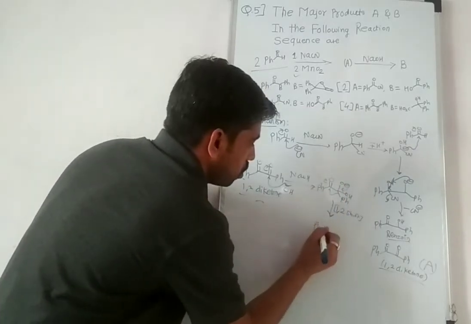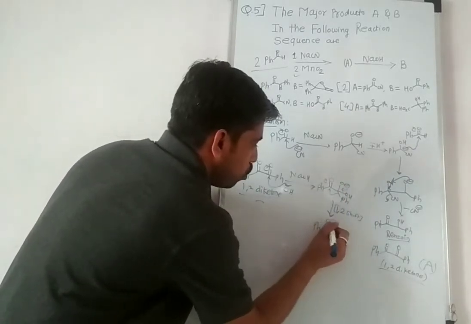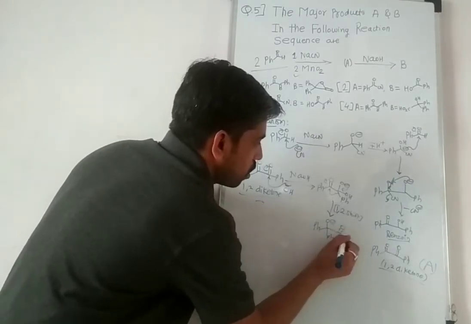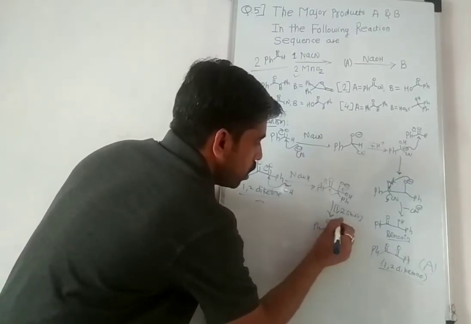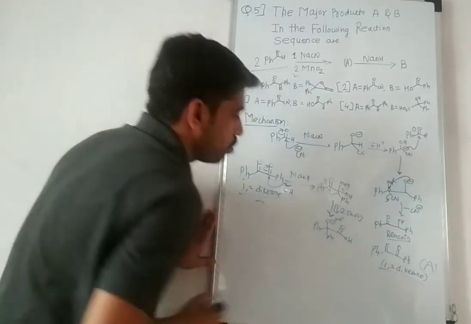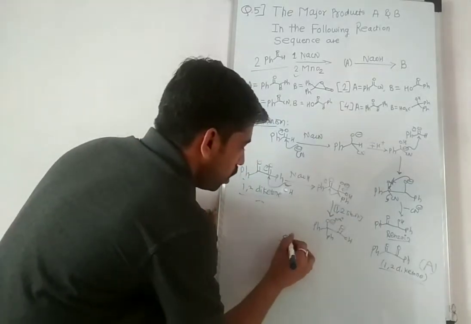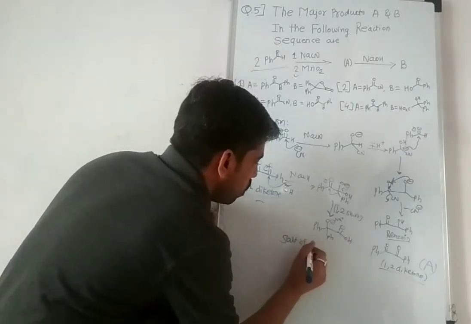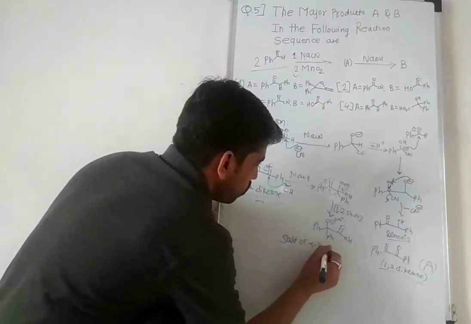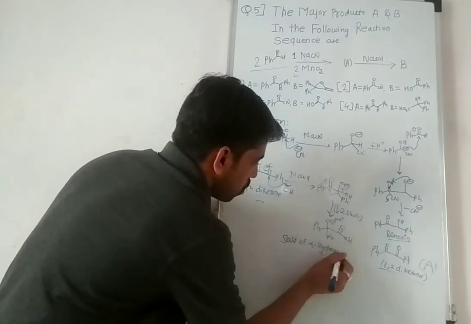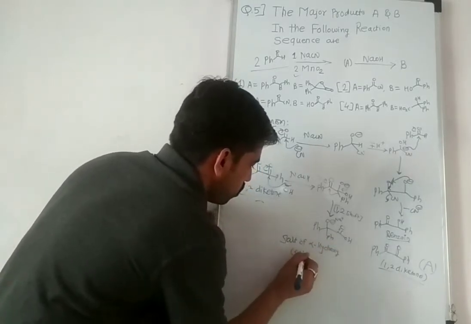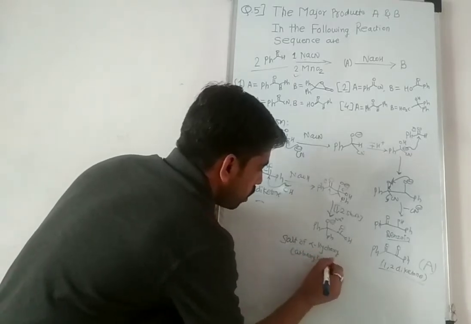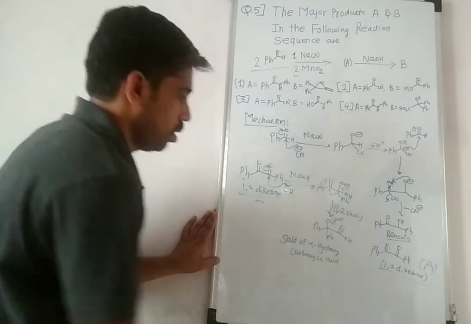Then there is formation of the O minus, double bond O, with Ph and OH, stabilized by the sodium ion. This is the formation of the salt of the alpha hydroxy carboxylic acid.